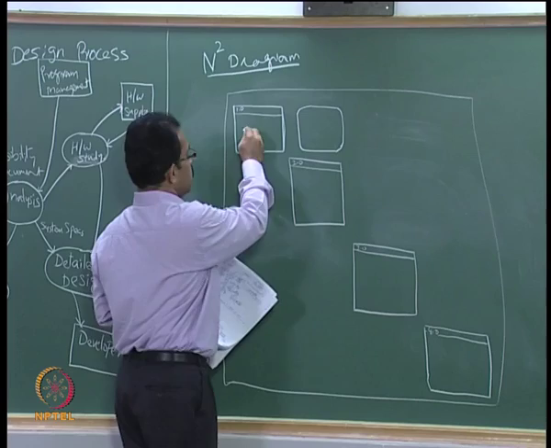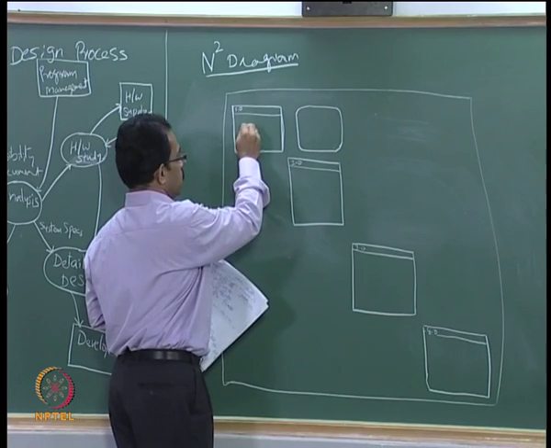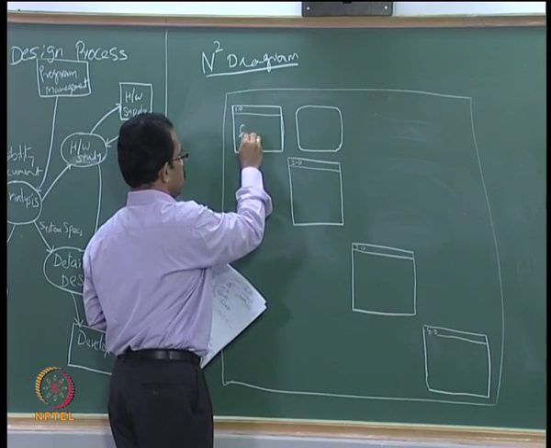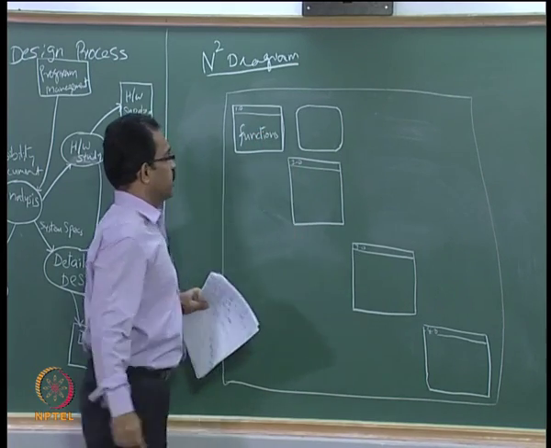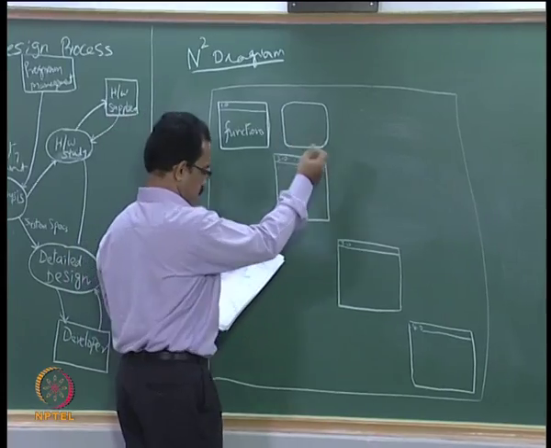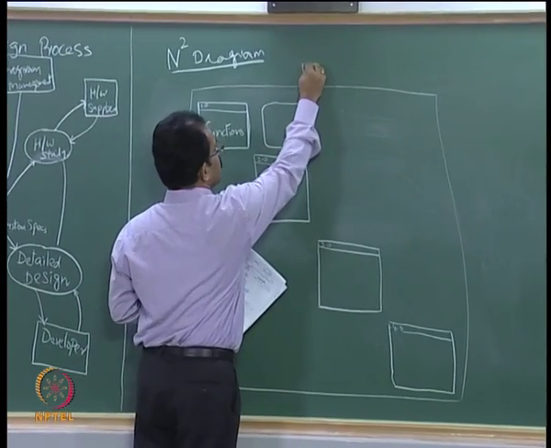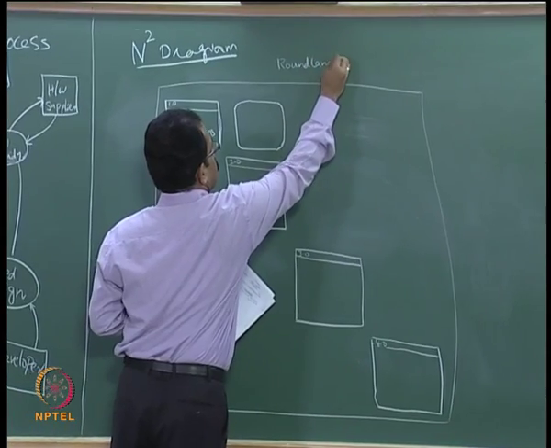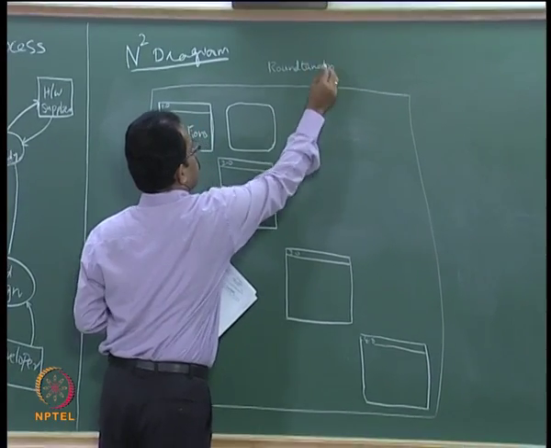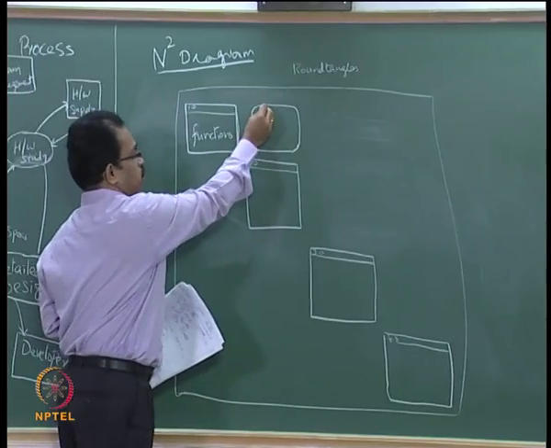So the rectangles represent the main functions. These are the functions, and the interactions are represented using what we call round tangles, basically a rectangle with rounded corners.